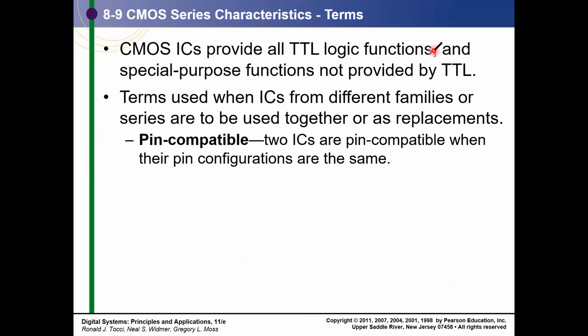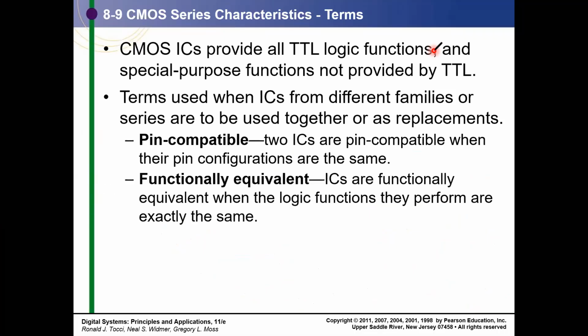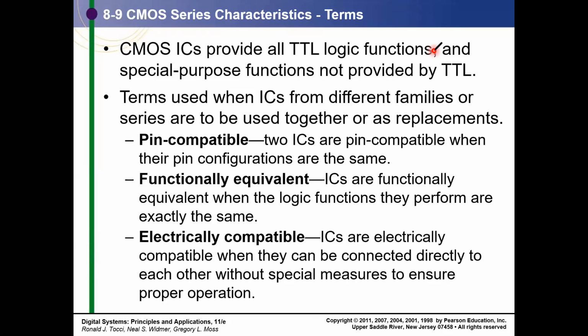Now there are CMOS ICs available for all TTL families, and at times they are even pin compatible. You have functionally equivalent ICs also available, and electrically compatible ICs are also available. So it just depends upon what you want. You want to replace a TTL with a CMOS IC.